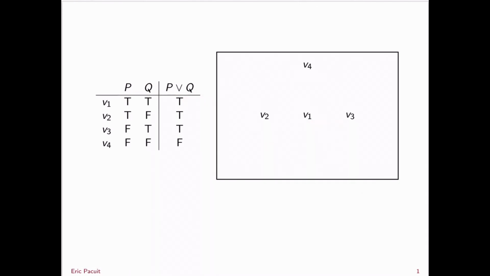Now, how are we going to visualize it? The first thing we want to do is visualize P and Q, those 2 atomic propositions. To visualize P, we're going to circle all the situations that make P true. So we identify the proposition P with all the ways that P can be true.